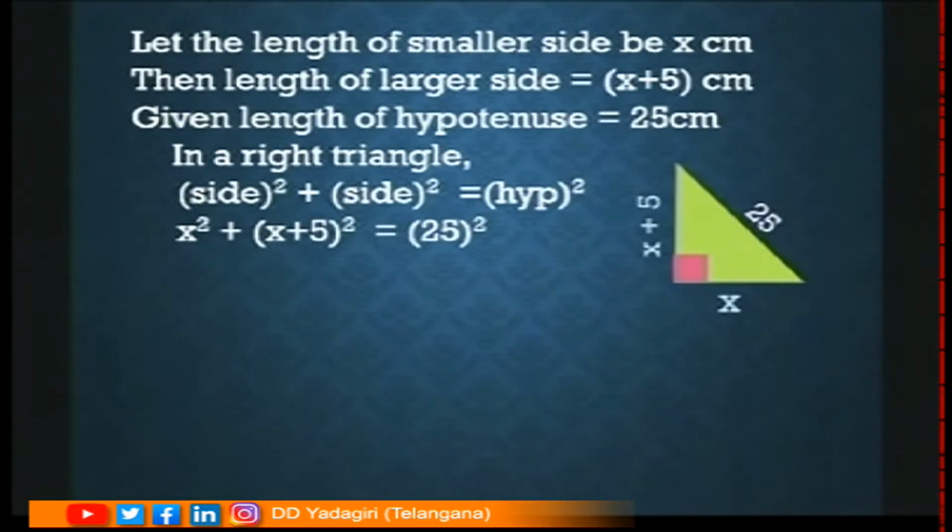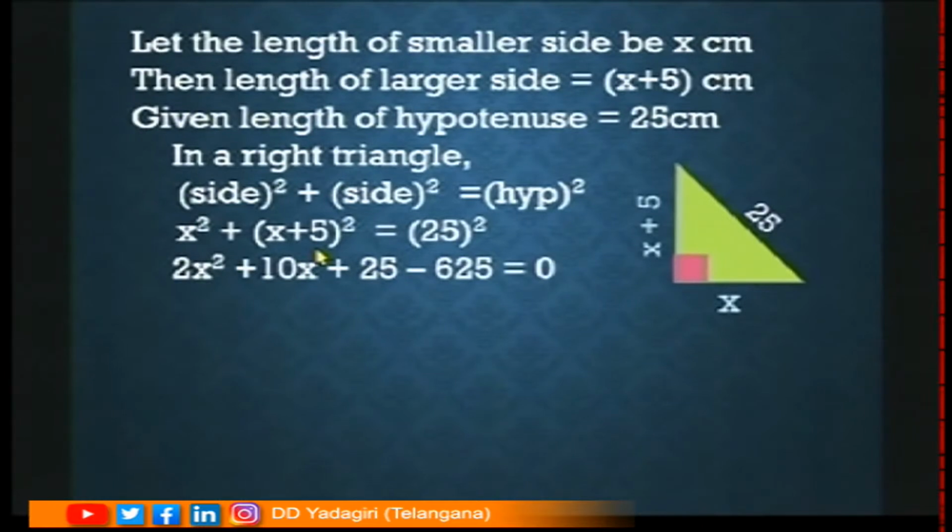Side square plus side square is equal to hypotenuse square. When we substitute, we get x² + (x + 5)² = 25². Now, (x + 5)² is in the form of (a + b)², and you all know (a + b)² is equal to a² + b² + 2ab.